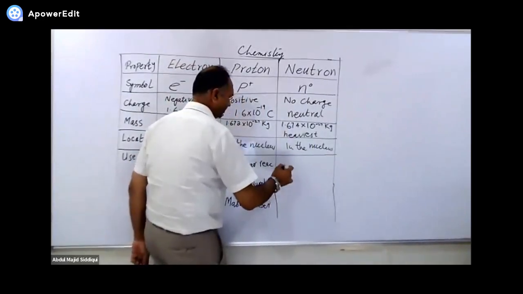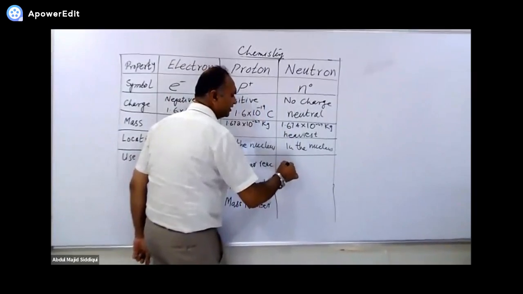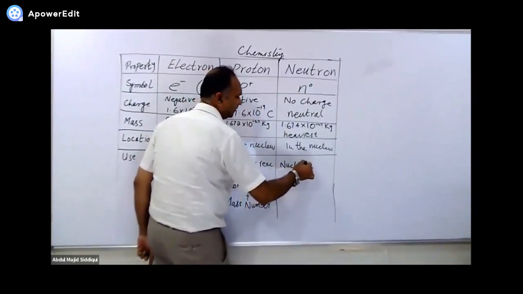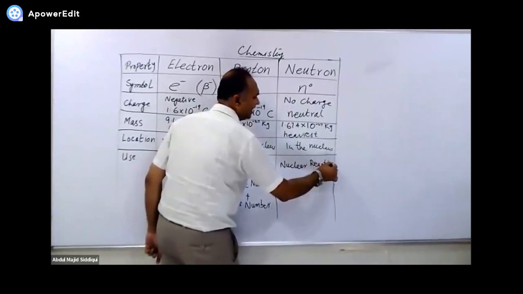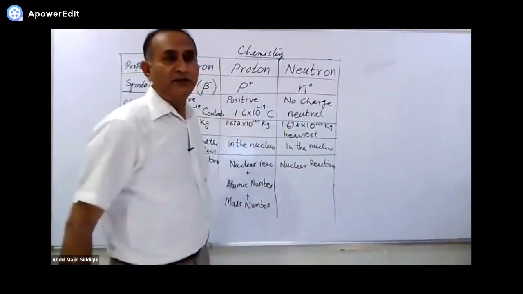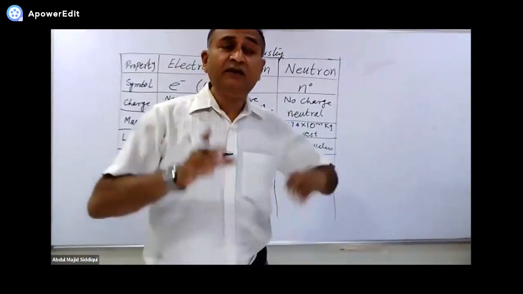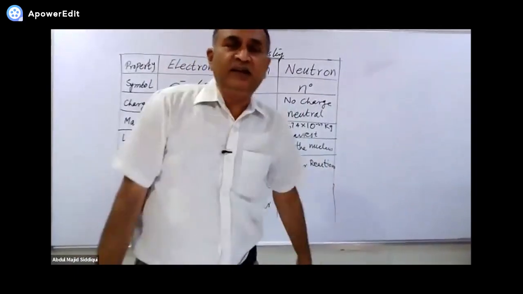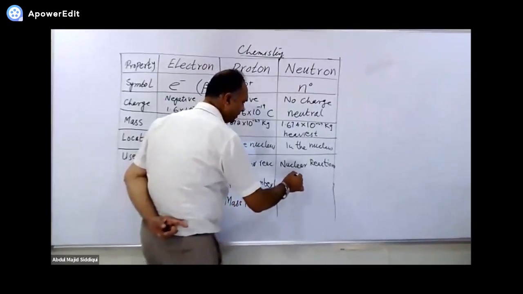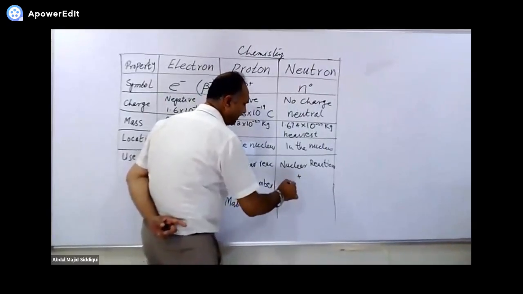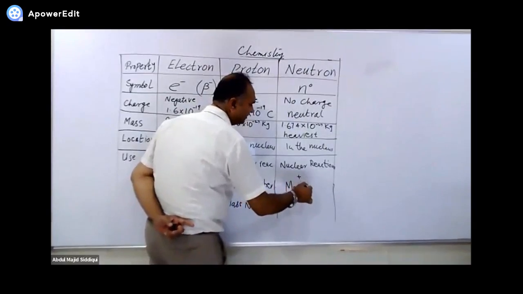It plays a role in nuclear reactions. What do you mean by nuclear reactions? Reactions occurring in the nucleus of an atom. And what are chemical reactions? Reactions occurring outside the nucleus. It plays a role in nuclear reactions and in mass number.